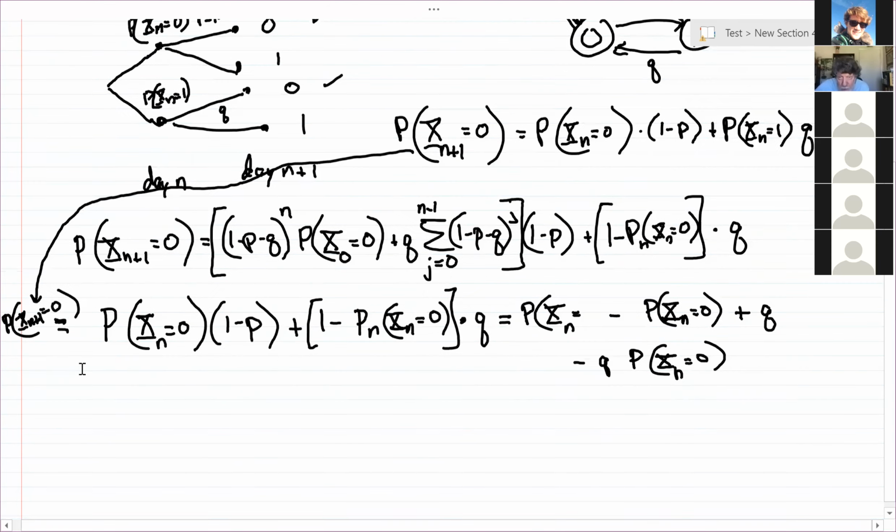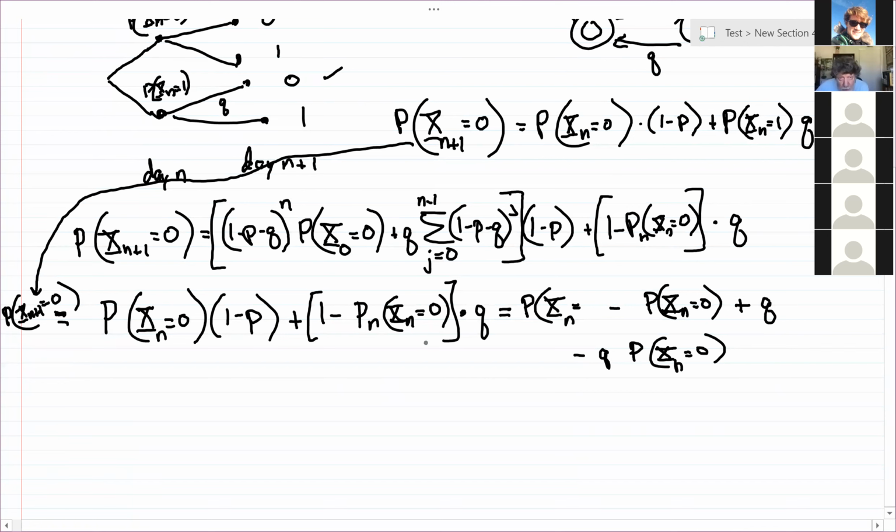Okay. But in the meantime, I've lost something here. What did I lose? Probability that at time n is 0, minus the probability that time n was 0 times p, right? Yes. Okay, so what is all of this now? You can just group this term with this one.